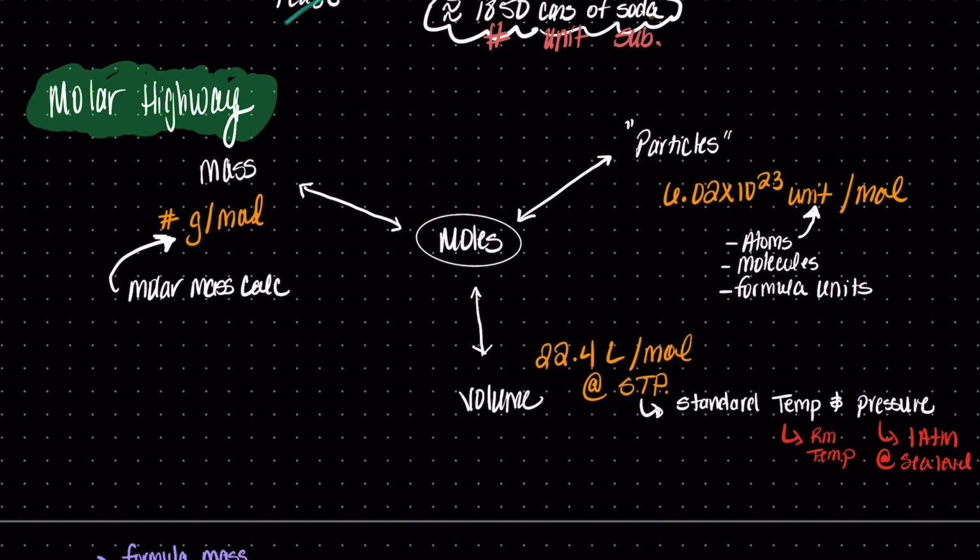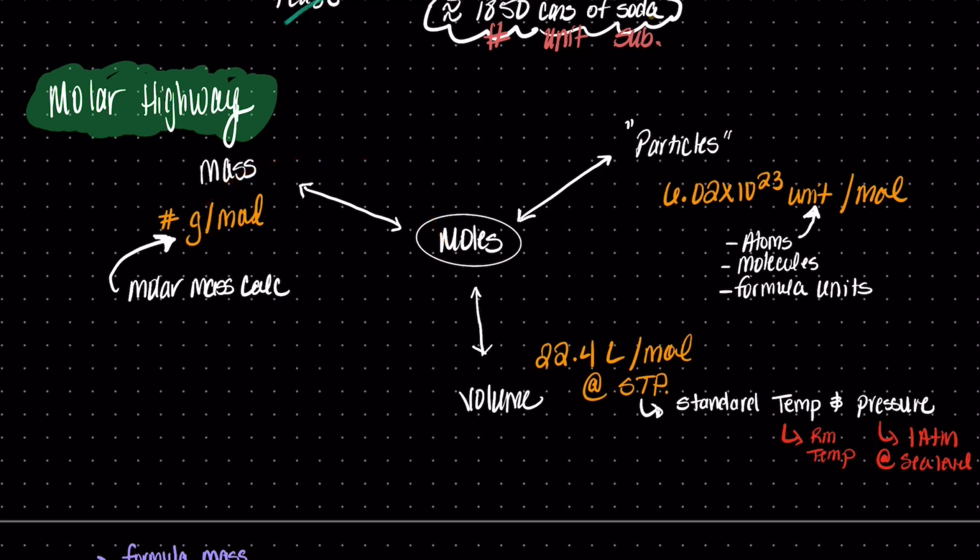These are your roads. What you cannot do is go from here to here. That's a no-no. You go from here to here to here. For me to go from here to here, that's one-step stoichiometry conversions. For me to go from here to here to here, that's two-step conversions.